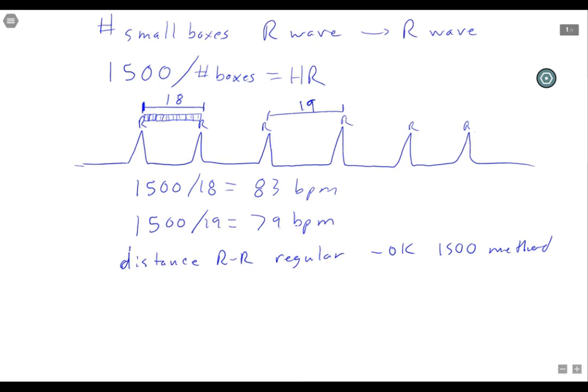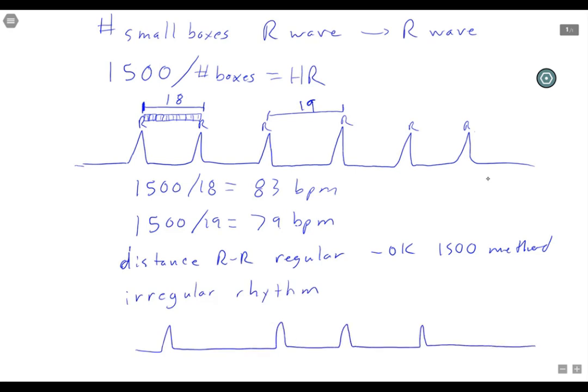However, if you have what we call an irregular rhythm, this is not a good method to use. Case in point, these are R waves again. If we looked at the distance between these two R waves, clearly this is the distance here for the first set of R waves, A. There's going to be a lot more small boxes.